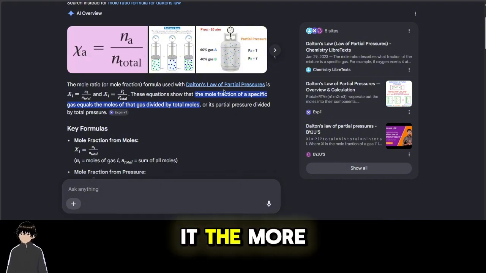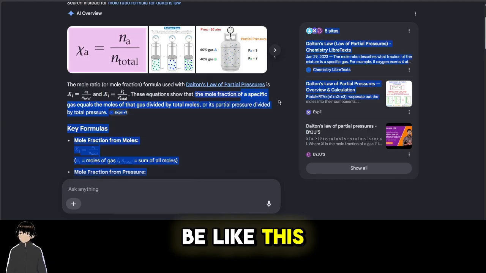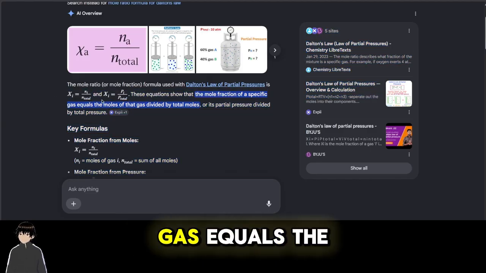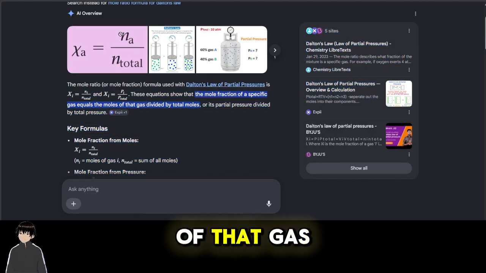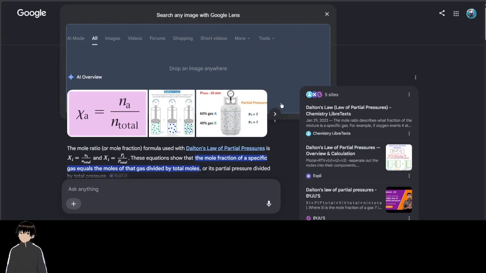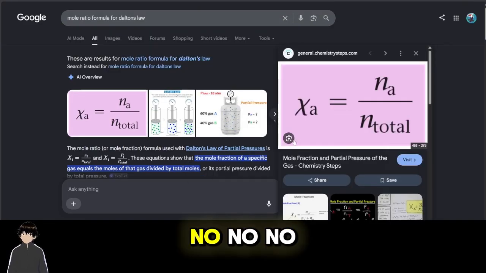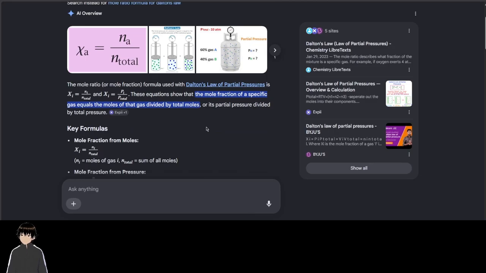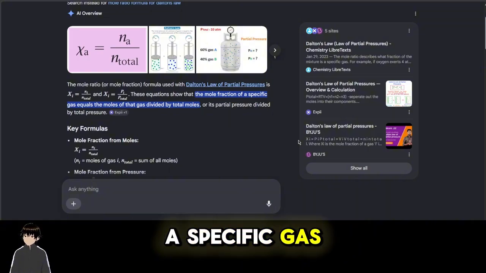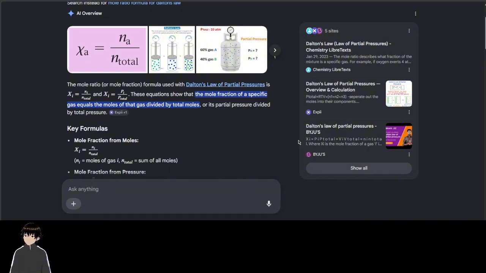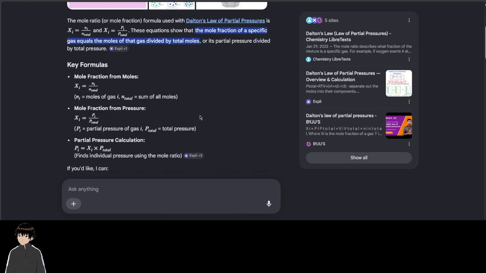This equation shows it. So it's going to be like this. The mole fraction of a specific gas equals the moles of that gas divided by the total moles.